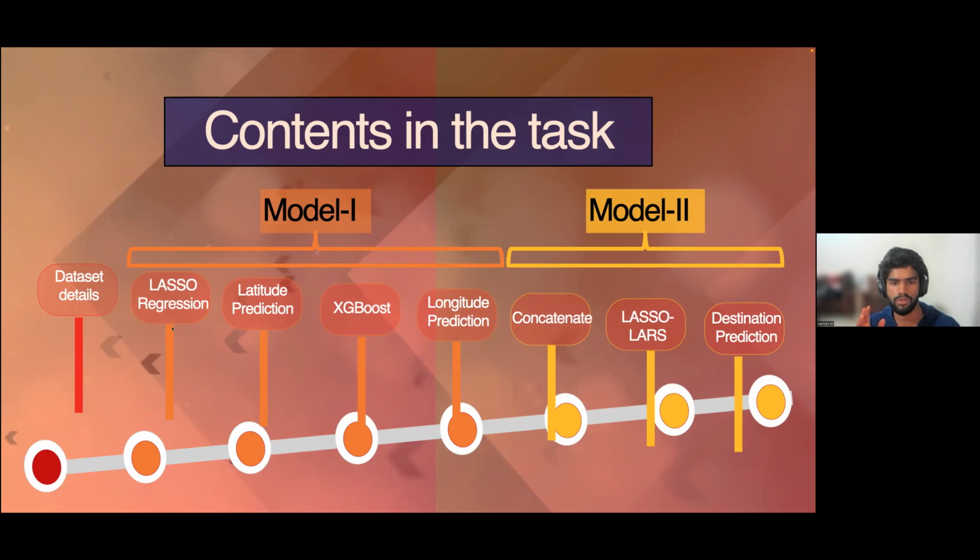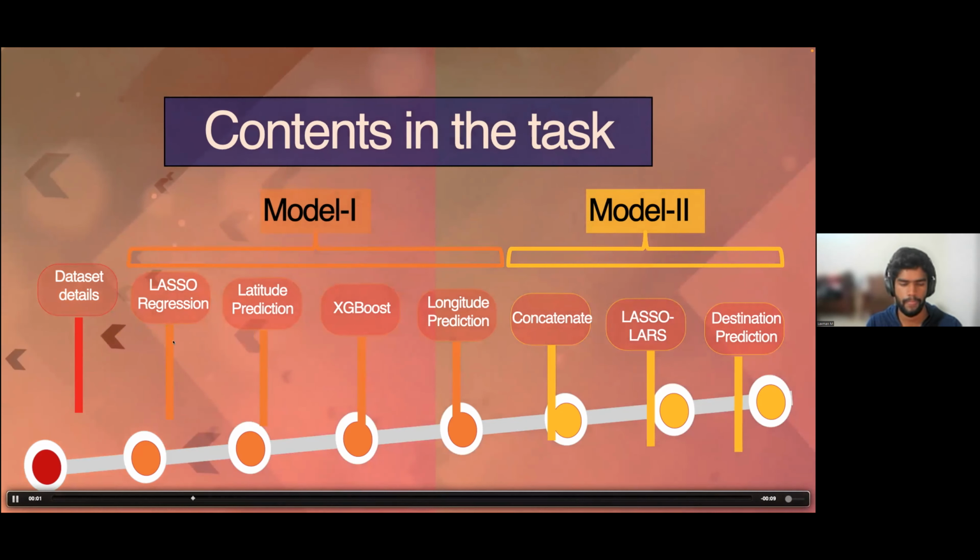Then using XGBoost, we'll be analyzing our longitude prediction. To get a particular location, we need both latitude as well as longitude, right? So after taking the latitude and then longitude, we are going to integrate both the values. Then we'll be getting our actual location point. Then using the lasso regression model, we'll be predicting our final destination. So basically, this is how we are going to do it.